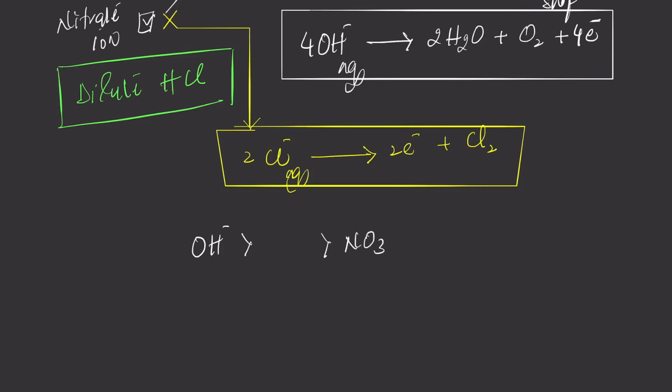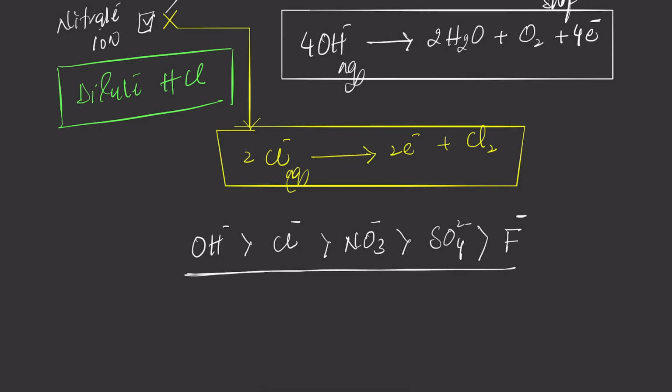The nitrate ion is more powerful than the sulfate ion, and at the last, the least power is shown by fluoride. Here I am going to place fluoride. This is a general electrochemical series of dischargeability of negative ions.